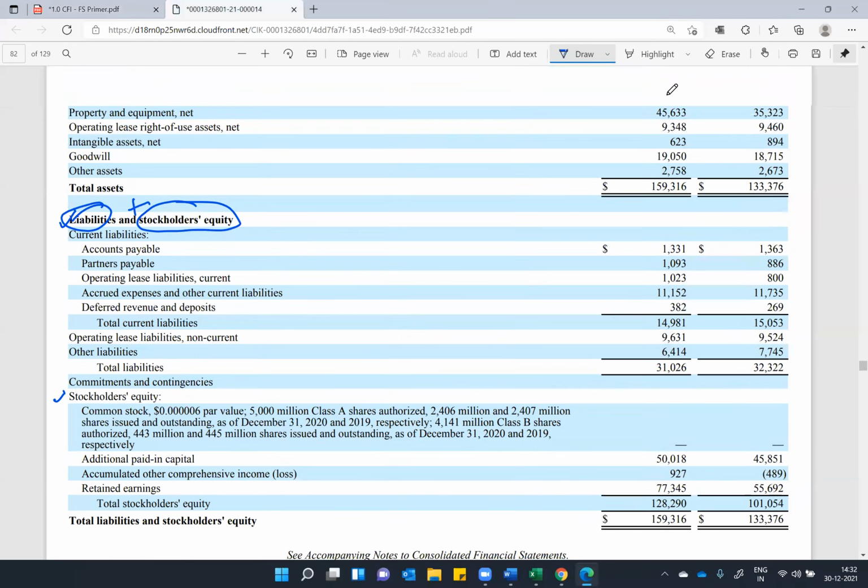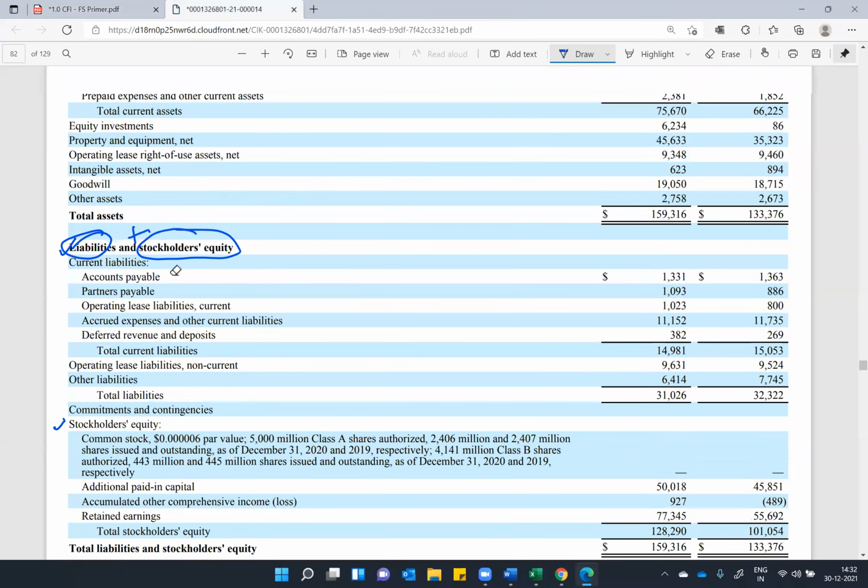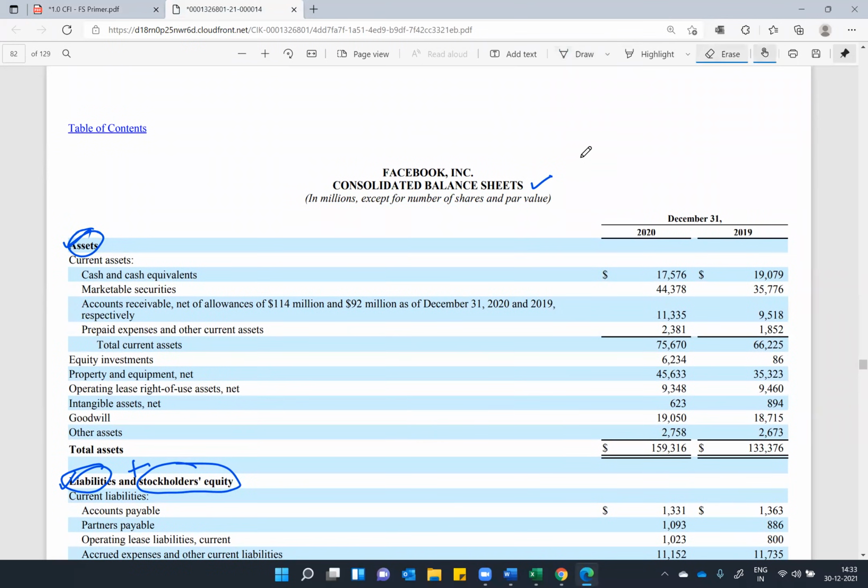So let's get started with the asset side. The first section that we have is current assets, right? In current assets, we have all the assets which are liquid in nature relative to the other non-current assets.